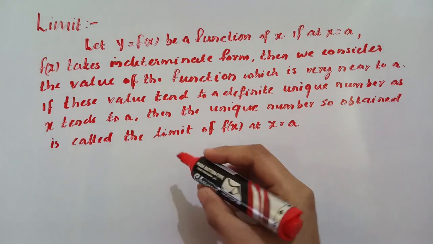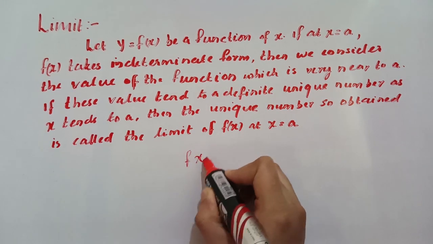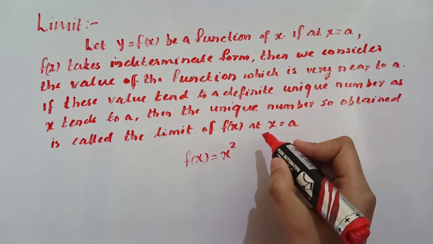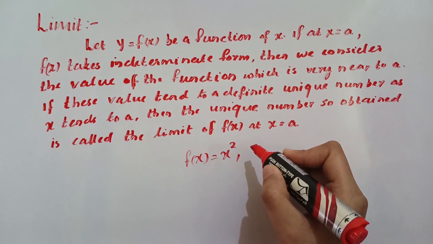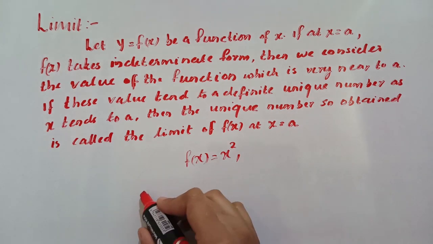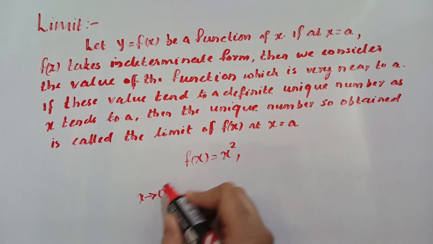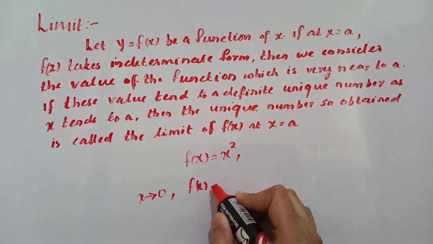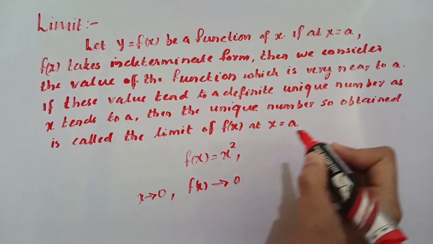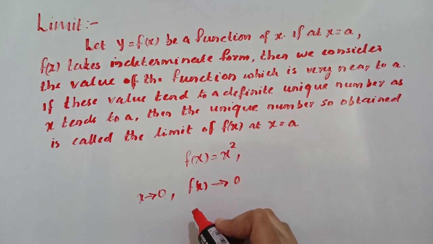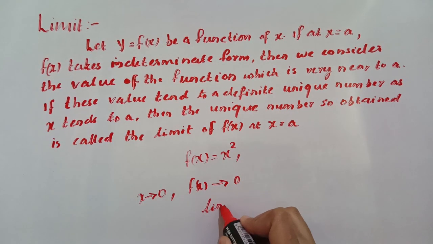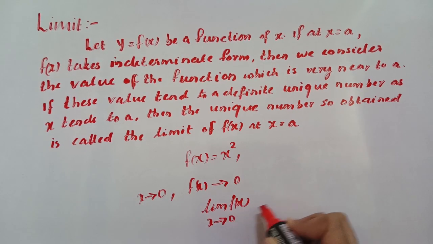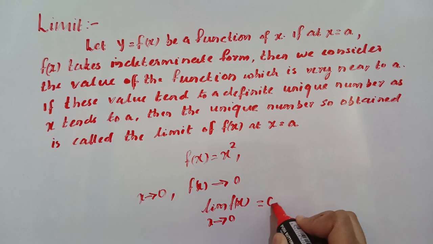Next, consider a function f of x equal to x square. Observe that if x takes a value very close to 0, then the value of f of x also moves towards 0. Therefore, we can say limit of f of x as x tends to 0 is equal to 0.